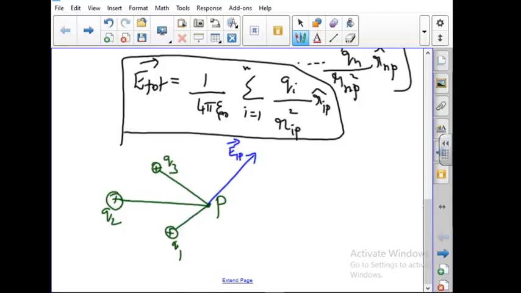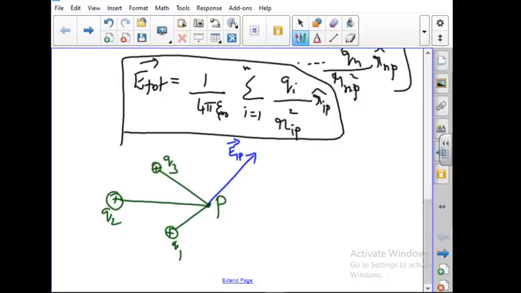From the aspects of the electric field we come to know that if the distance decreases, the electric field also increases. So Q1 is nearer to P, therefore the electric field will also be greater, and it is pointing outwards because it is a positive charge.